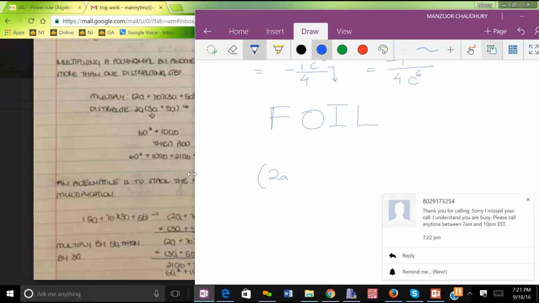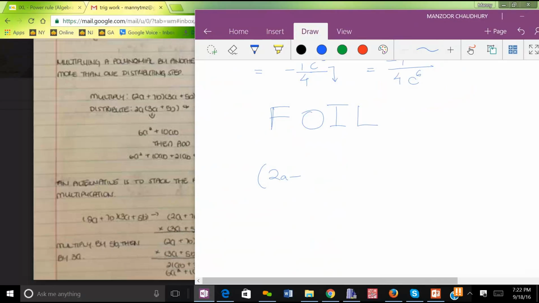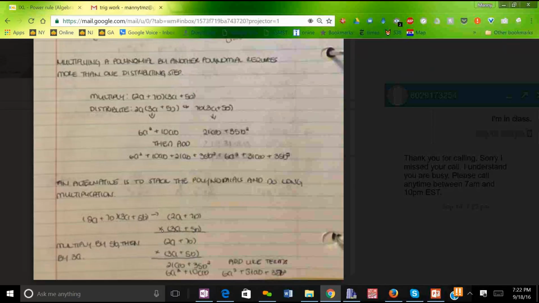Like here, it's 2A plus 7B, and the other one is 3A plus 5B.